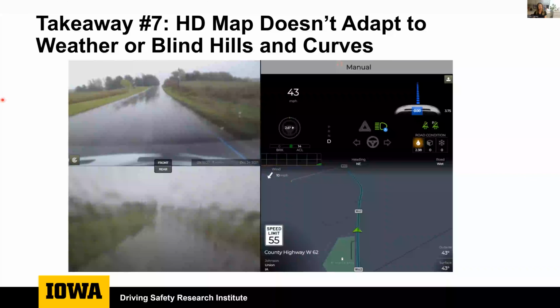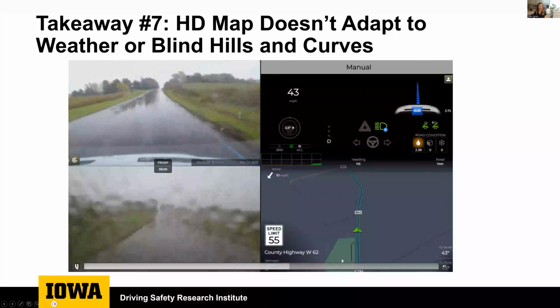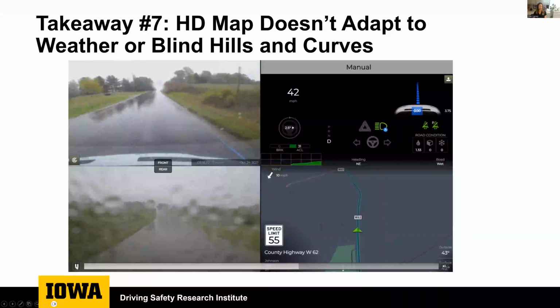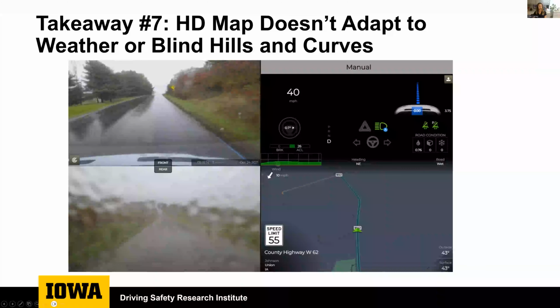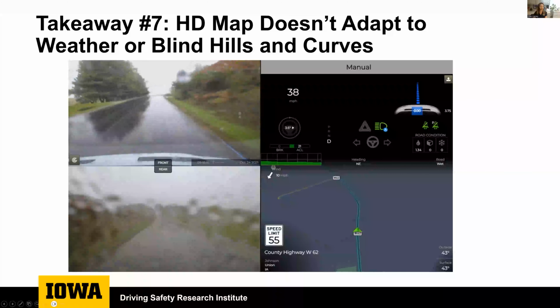In later phases of the project, artificial speed limits were placed in the map to slow the vehicle, and this helped to increase the comfort for both the safety drivers and the passengers in the vehicle. And with that, I'm going to turn it over to Steve Cable.